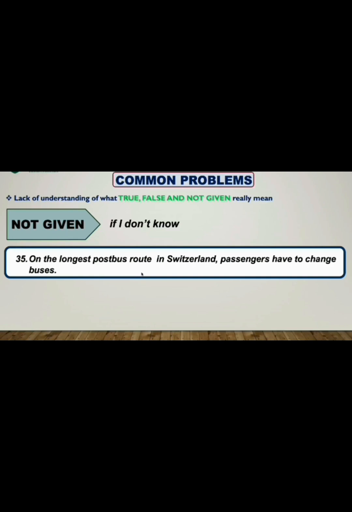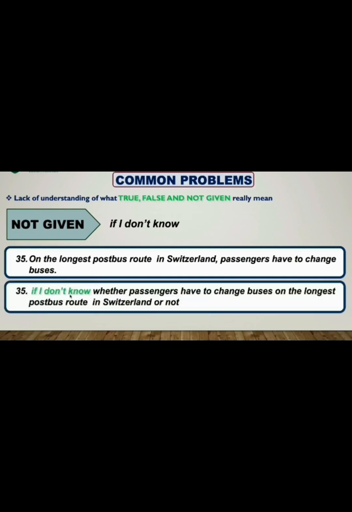So how can this statement be a not given? What will make this statement a not given? We said, if I don't know. If I don't know what? If I don't know whether passengers have to move from one bus to another while traveling on the longest post bus route in Switzerland or not. Do you see that?